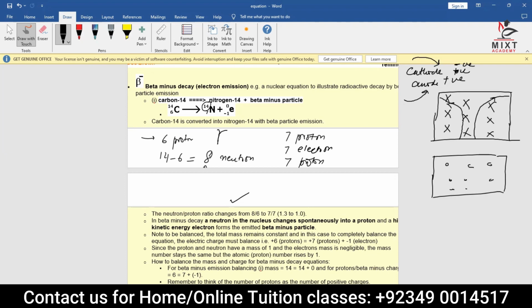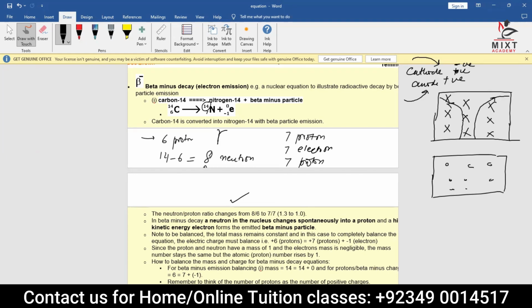But the proton number is increased by 1 and number of neutrons is reduced by 1. Understood, Safiullah? Good.